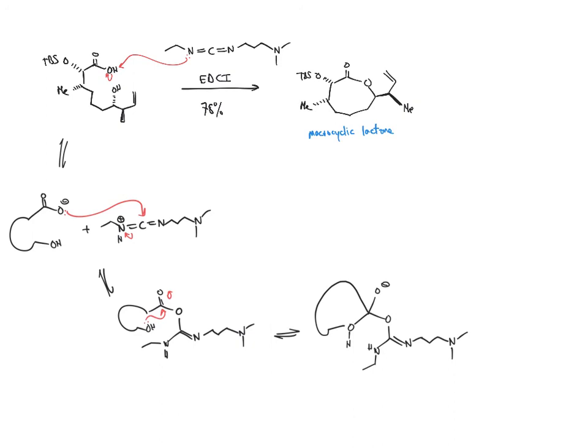Okay. This then collapses with loss of the leaving group. First thing that happens is we're going to lose a proton because this is protonated, right, to generate a neutral species.